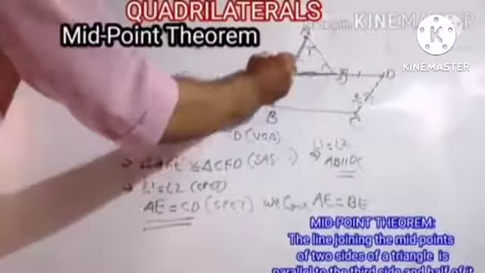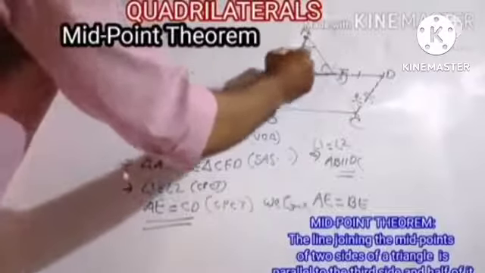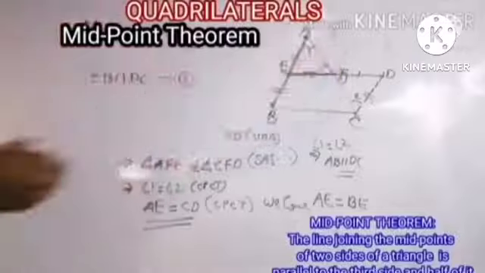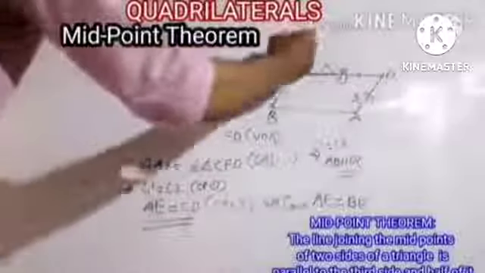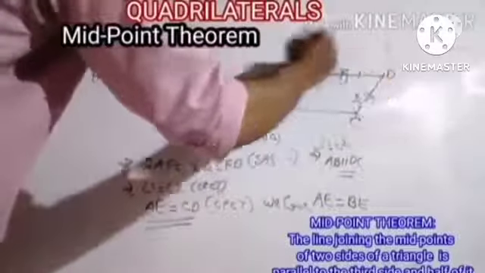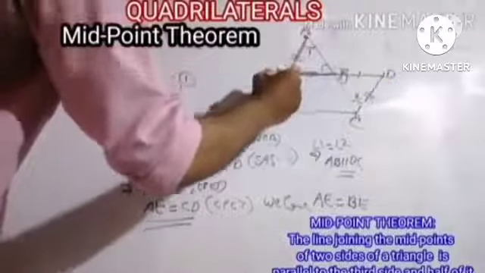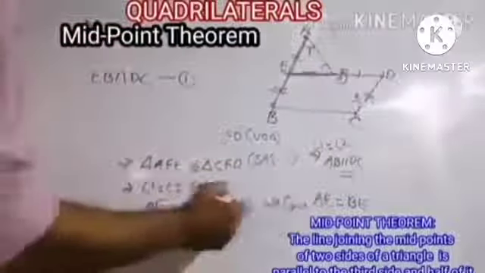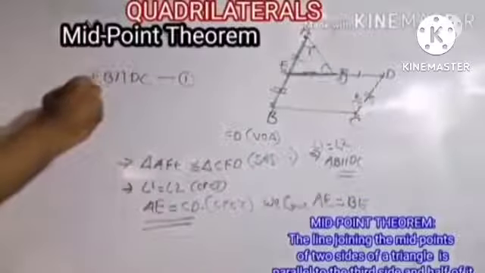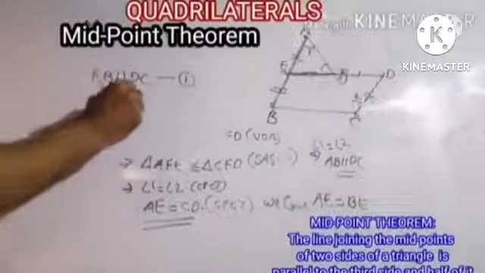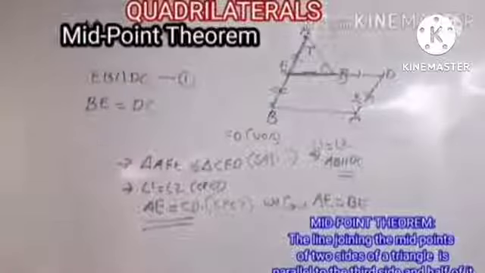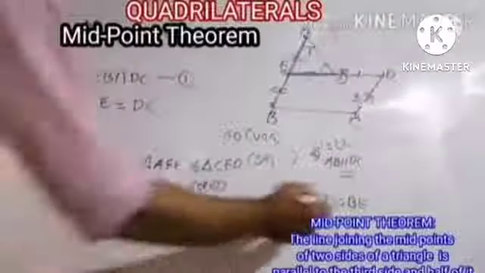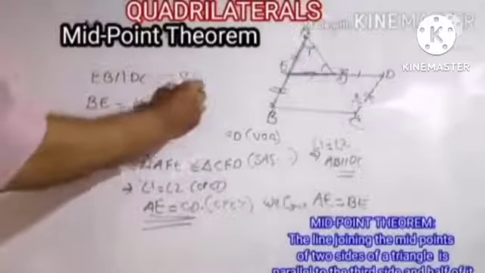Because E is a midpoint, that is given. When E is a midpoint, AE and BE are equal. So these three sides are equal: AE and DC are equal, AE and BE are equal. So BE equals DC. Because AE is common, CD and BE are equal. It will be number 2.